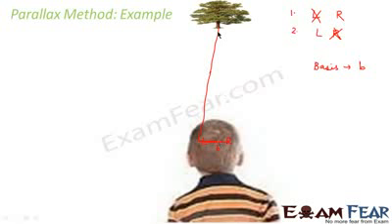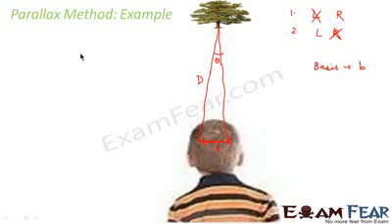Now, let us suppose the angle which the 2 points of observation subtend at the tree is this theta. Right? And let us say this distance is d.